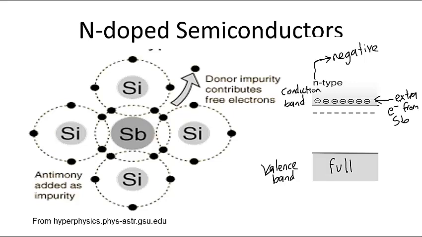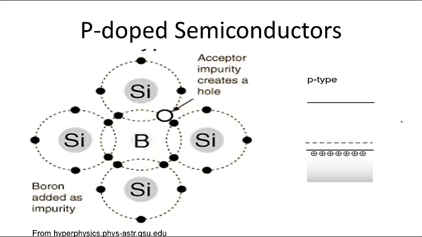The other thing you can do, the other strategy, is to add an element that has 1 fewer valence electron. Now when you add that element that has 1 fewer electron, now you're creating holes in the valence band. So in other words, the valence band is not completely full anymore. It has these empty spots. This is called a p-type semiconductor because now there are positive charges, those little holes in the valence band.